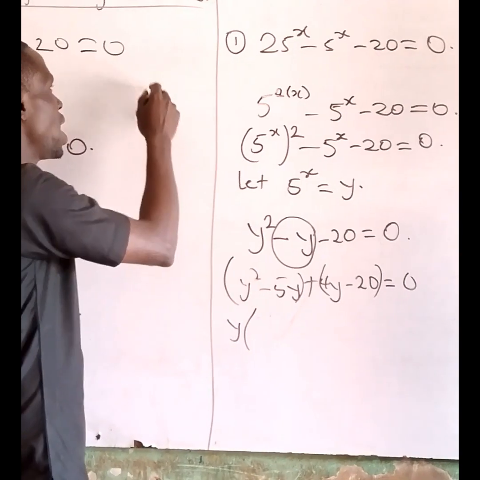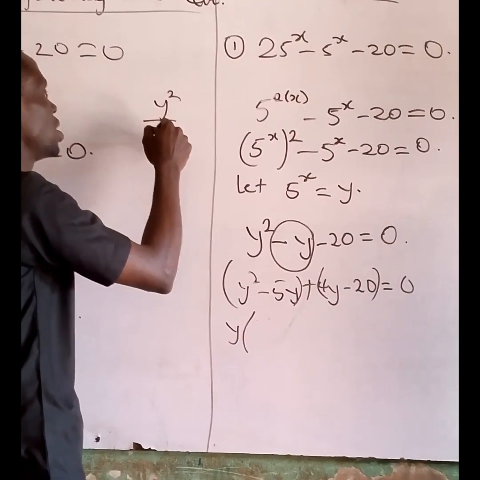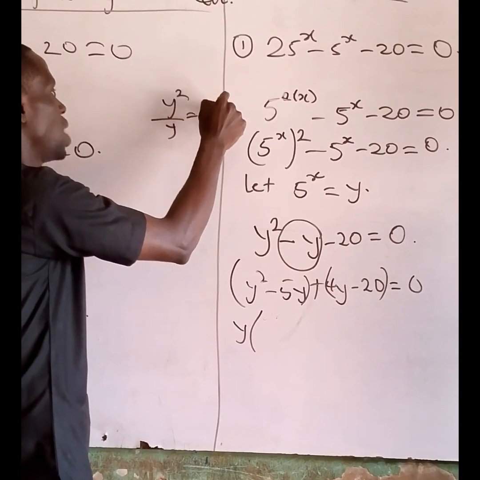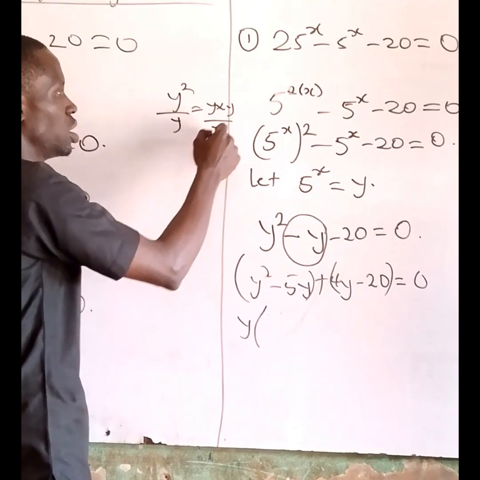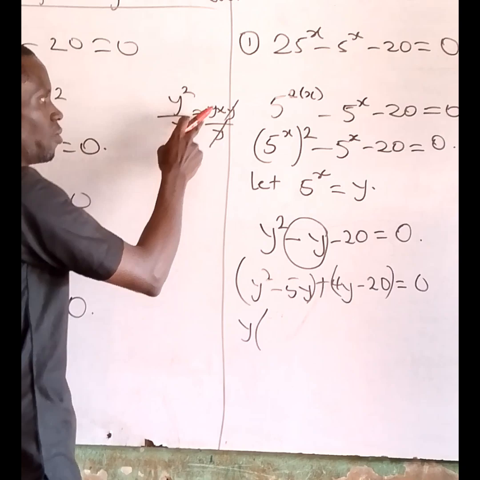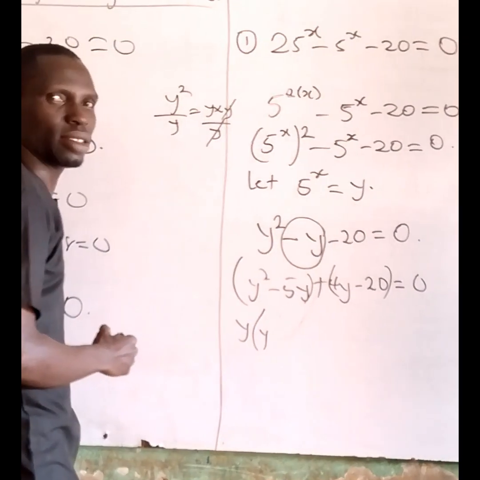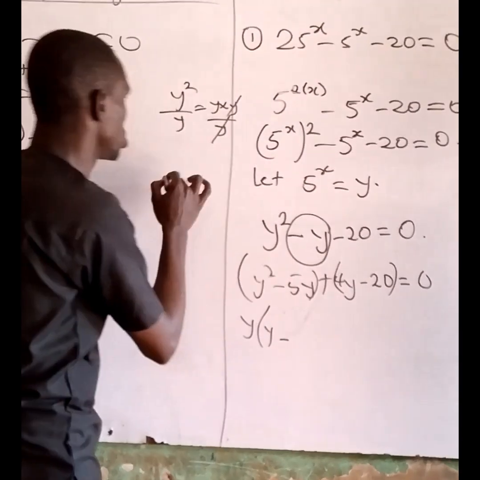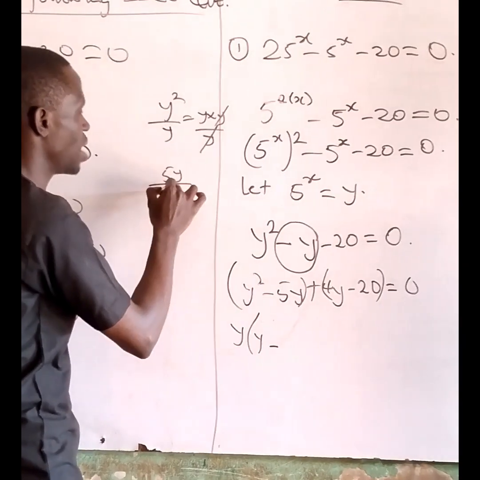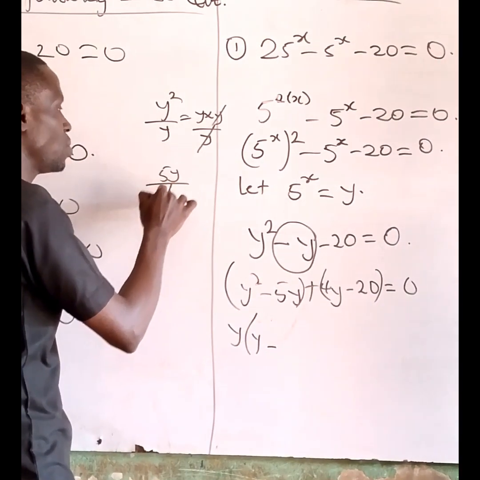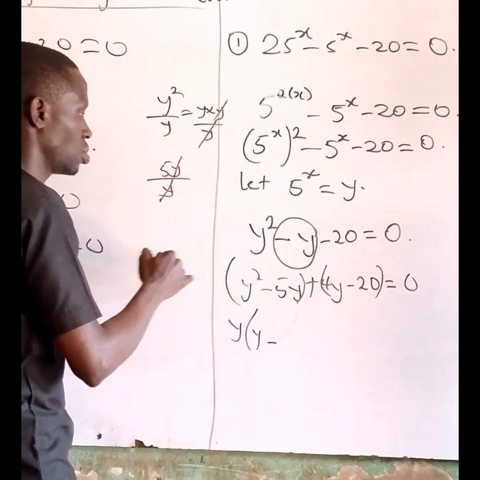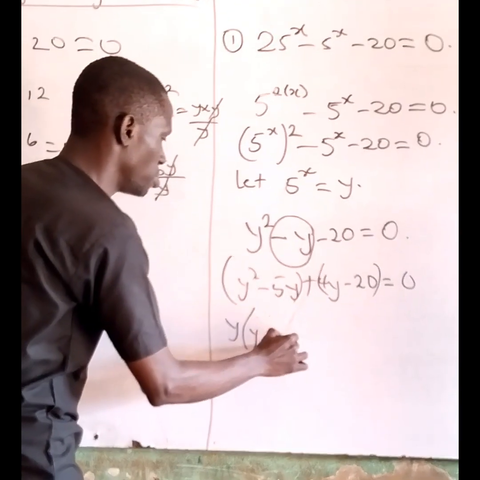So that's going to be y squared divided by y, which is y times y divided by y; y will cancel y, so it means y. You write the remaining y inside the bracket, minus 5y divided by y. Y will cancel y, then it means 5.